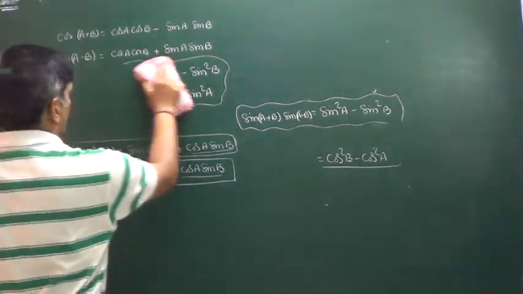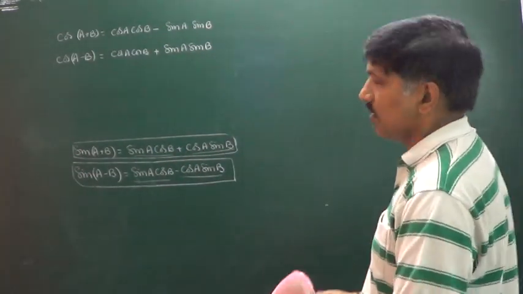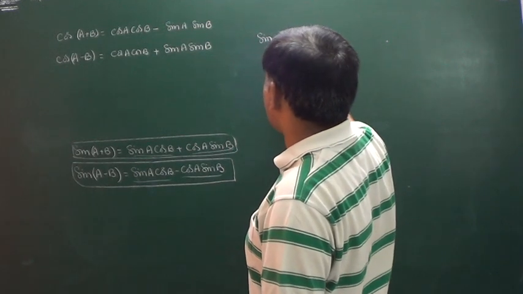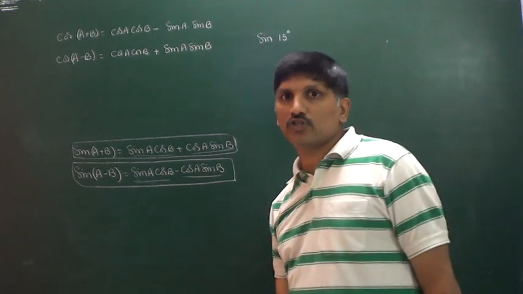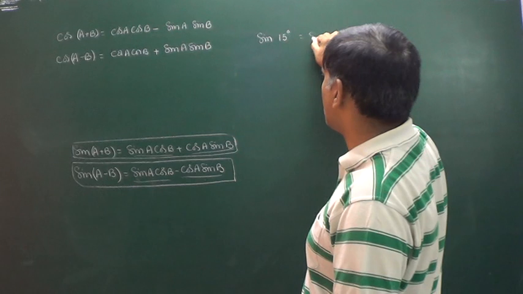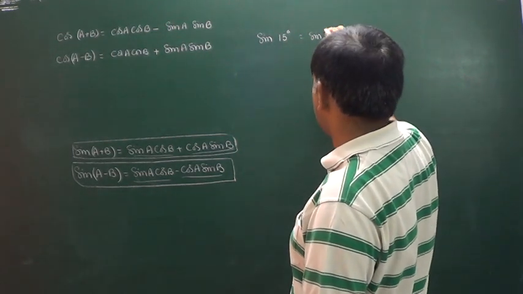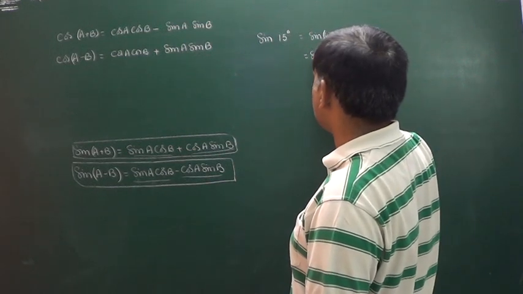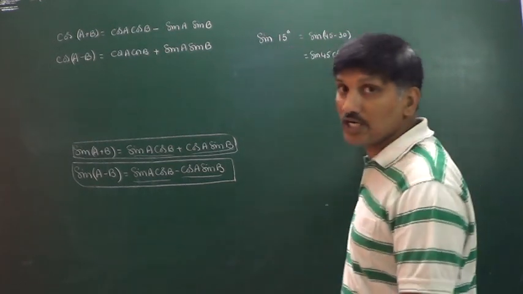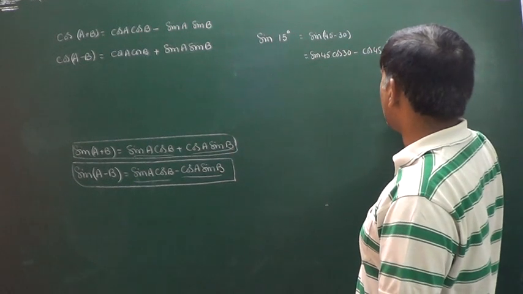Next, from this I want to find the value of sin 15 degrees. How to find it? 15 degrees can be written as 45 minus 30 degrees. Using the sin(A-B) formula: sin 45 cos 30 minus cos 45 sin 30.